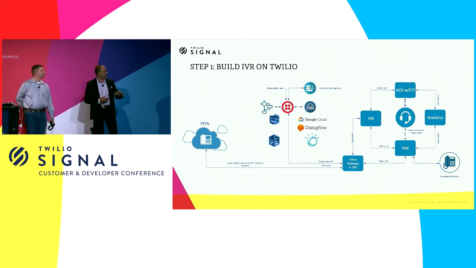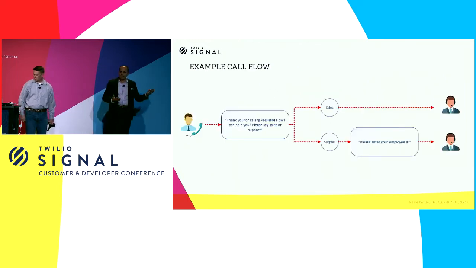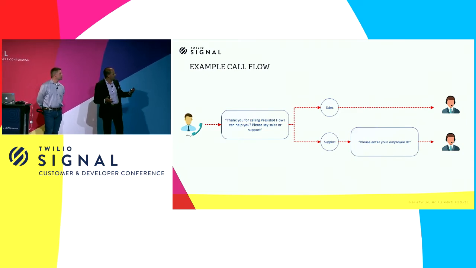We are maintaining the context of everything. And then we are returning the call back, and we are receiving that call on the legacy PBX. But at the same time, we are maintaining the context and sending the context to the agent, and the agent can receive a screen pop. So in order to demonstrate how this works, this is a basic call flow that we built. So we built a sales and support.